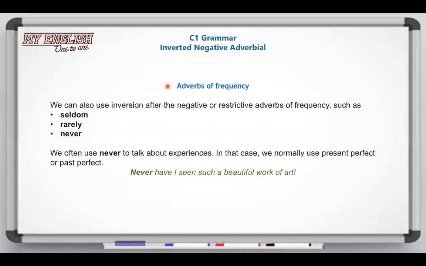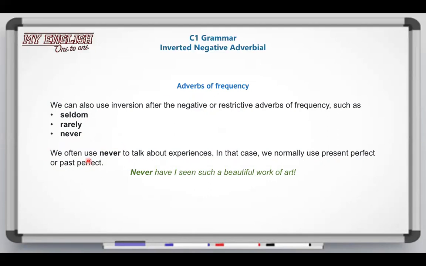Let's check some adverbs of frequency. We can also use inversions after the negative or restrictive adverbs of frequency, such as seldom, rarely, and never. We often use never to talk about experiences. In that case, we normally use present perfect or past.